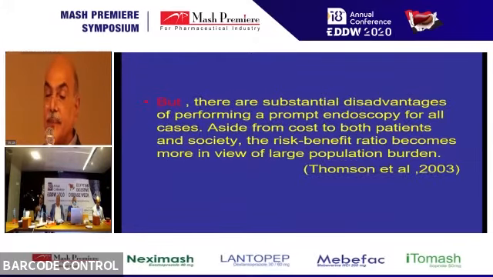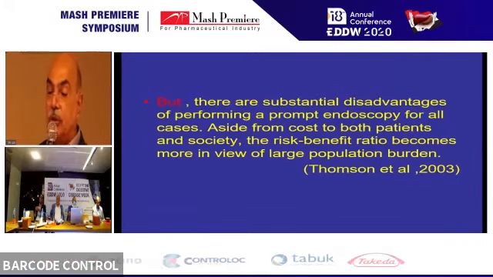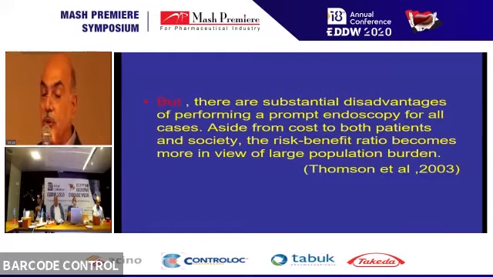But there are substantial disadvantages of performing prompt endoscopy for all cases. Of course, cost to both patients and society, and also the risk-benefit ratio becomes worse in view of the large population burden.